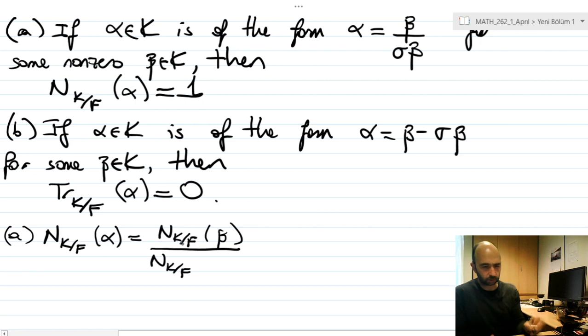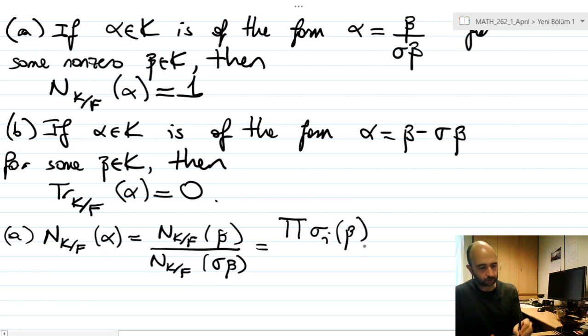The denominator is not going to be 0 because beta is not 0. So if you use previous notation, it is just going to be a product over sigma i of beta, and down here you'll have the product of sigma i sigma beta.